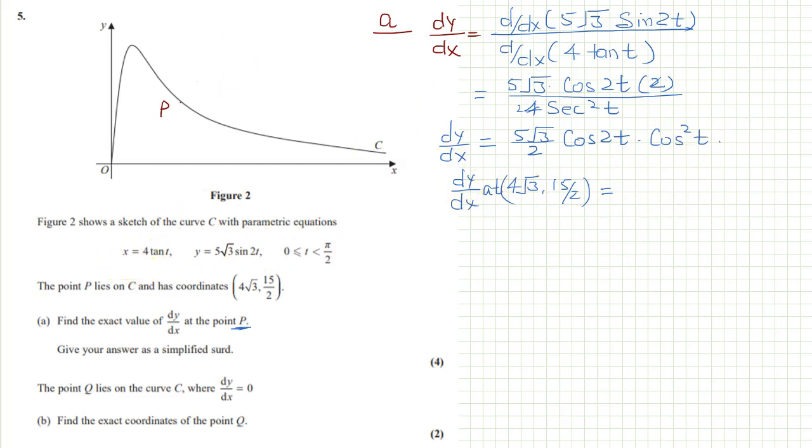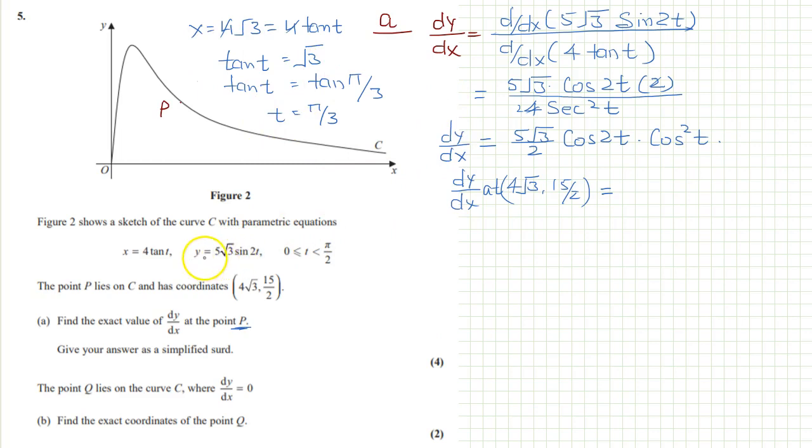now if x is 4 root 3 and x is equal to 4 tan t, this 4 cancels, tan t is equal to root 3, tan t is equal to root 3, which is tan 60, which is pi over 3, so t is equal to pi over 3 between 0 and pi over 2. That is one value.